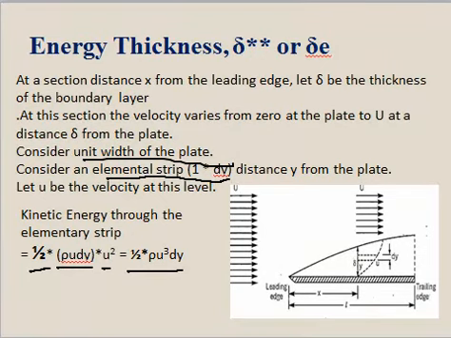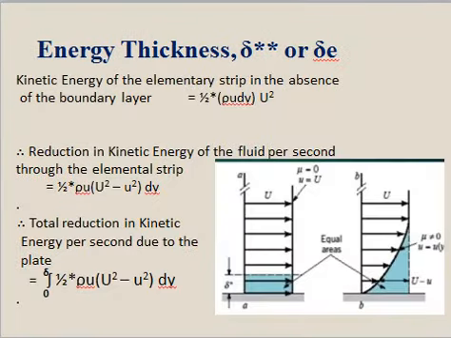Now for the same mass flow rate rho u dy, if we consider the boundary layer is absent, the velocity could have been capital U. So the kinetic energy for the same mass flow rate would have been 1 by 2 rho into small u into dy into capital U square. Therefore the reduction in kinetic energy through the elementary strip will be 1 by 2 rho u into (capital U square minus small u square) dy. Now remember, this is the reduction through the elementary strip.